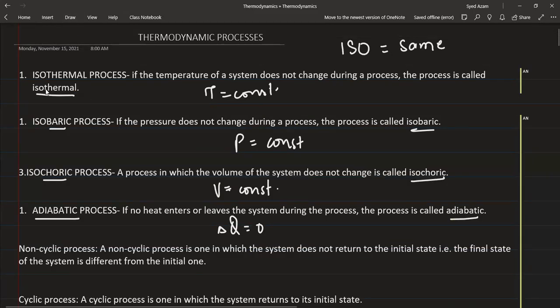So in isothermal process, we saw the formula of work done as 2.303 getting multiplied. Isobaric, pressure is constant. The formula will be pressure into change in volume, where pressure is constant. If pressure is variable, we use the integral formula. But for isobaric, this is the formula, not the integral one, because pressure is constant here. Isochoric, volume is constant.